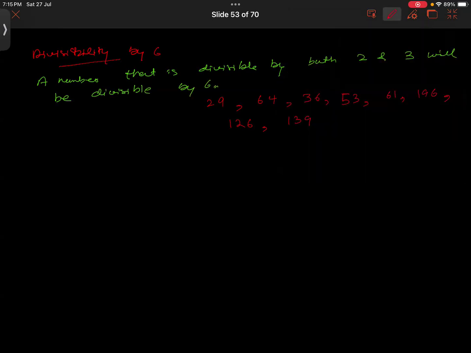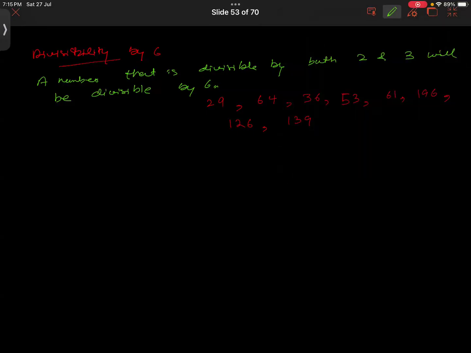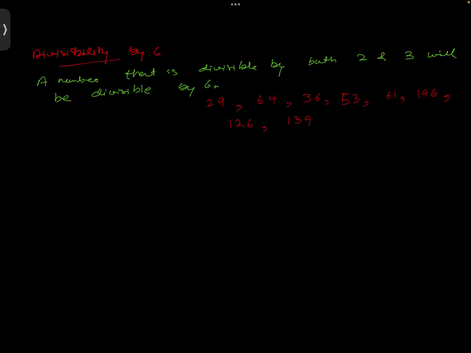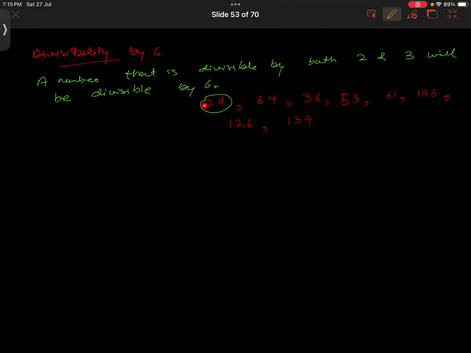Okay, let's find out. Is the number 29 divisible by 2 and 3 both, or in fact even one of them? Stop writing and pay attention here. Once I'm done explaining, you can continue writing. Of course, no. None of them. Is the number 64 divisible by both of them?